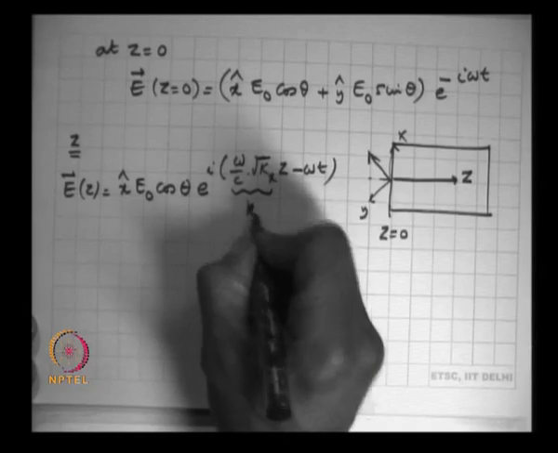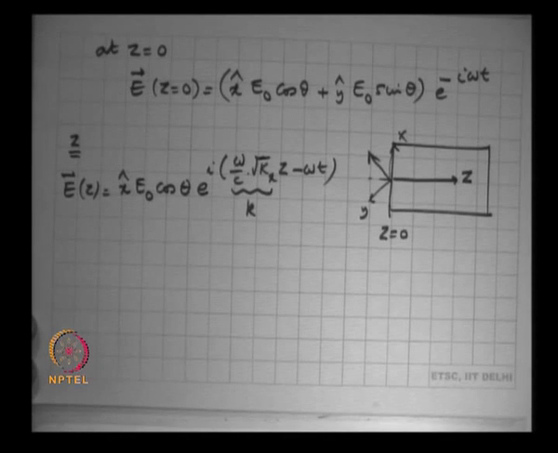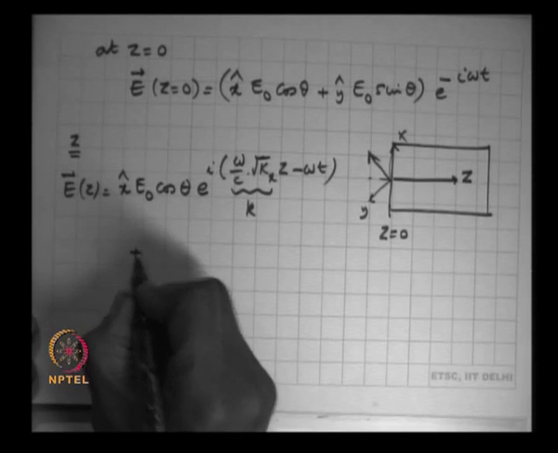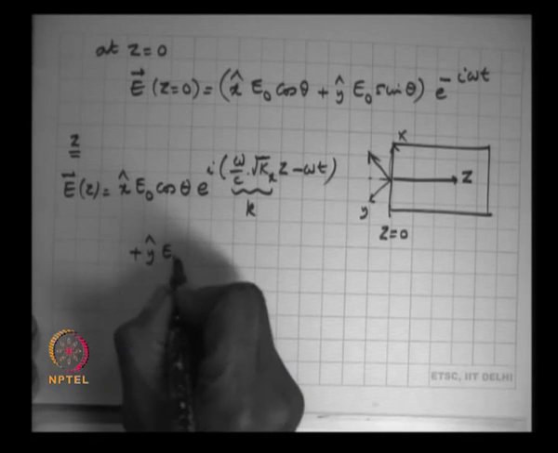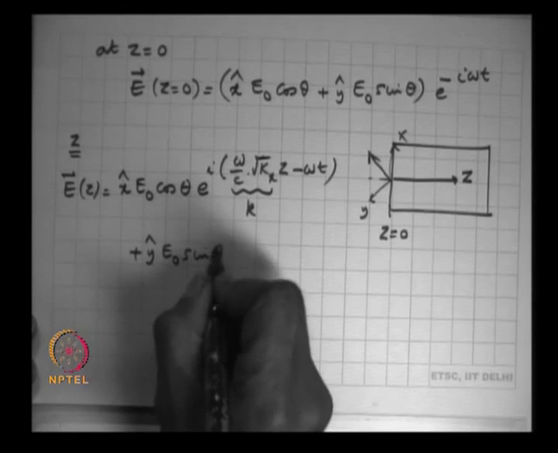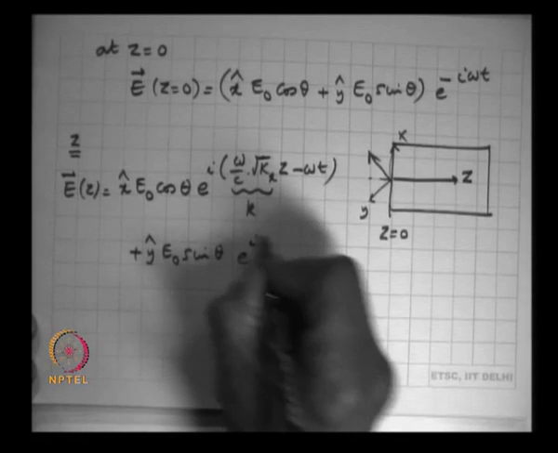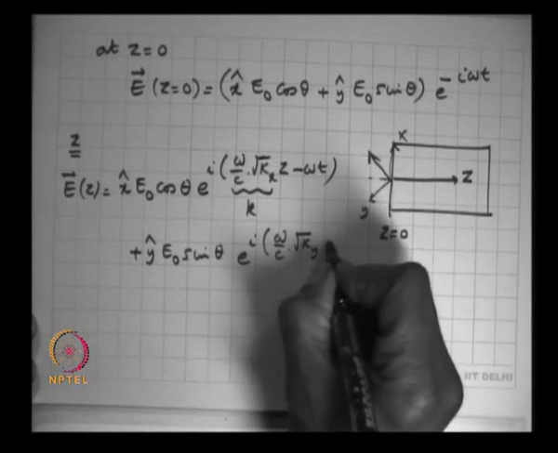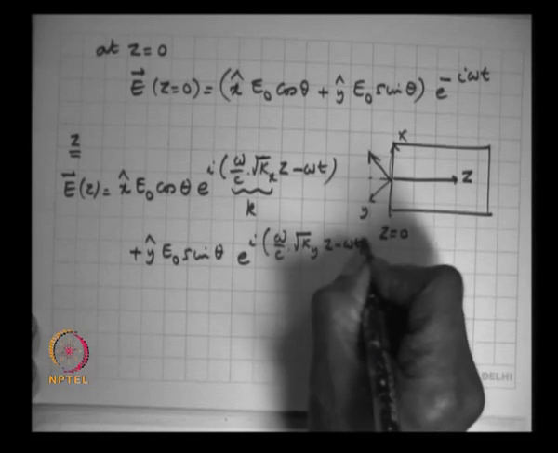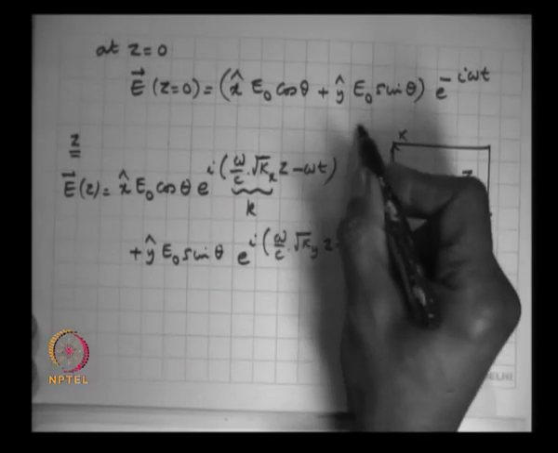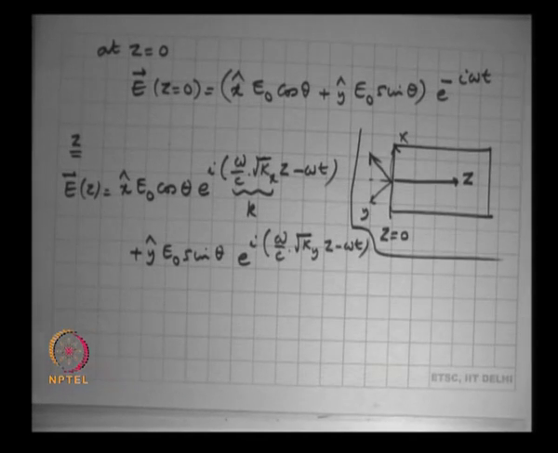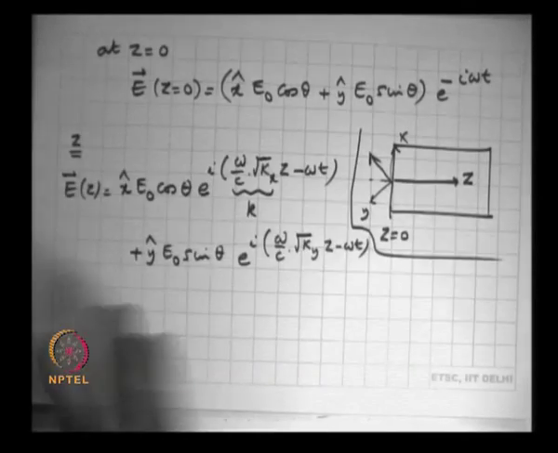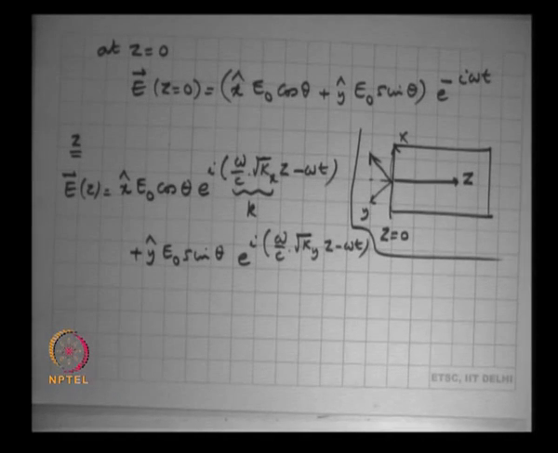This is the value of k for the x component of electric field. For the y component, the magnitude of the k vector is omega by c into the refractive index, which is square root of ky into z minus omega t. I cannot write a single k vector for this x cap plus y cap component, right.